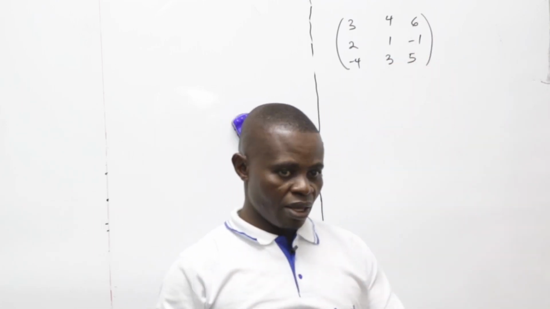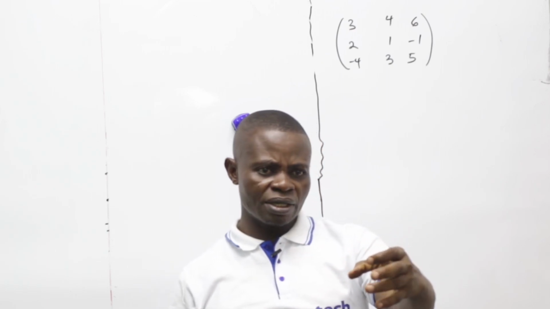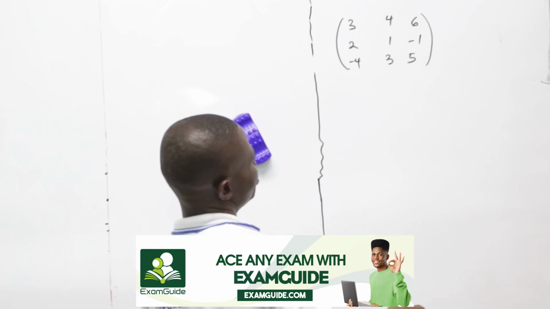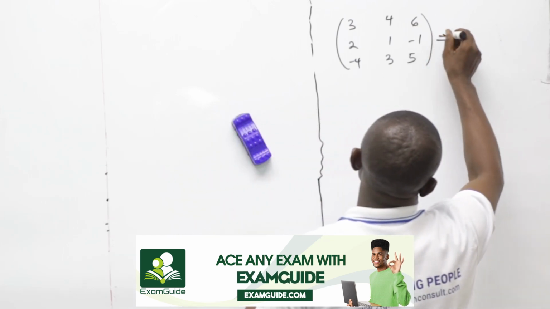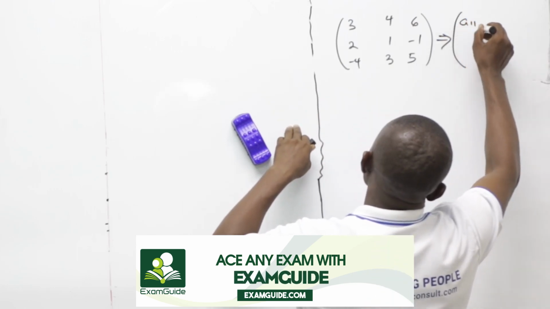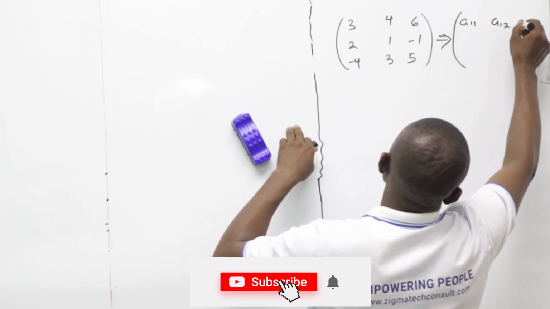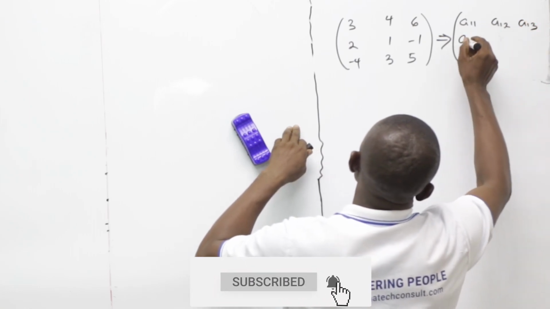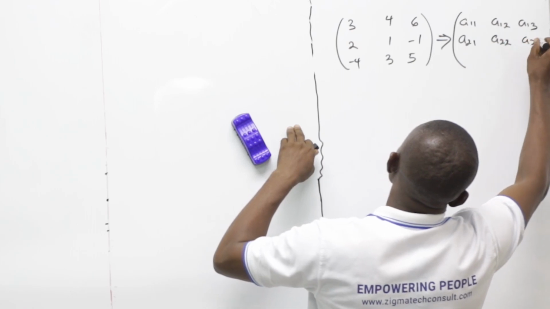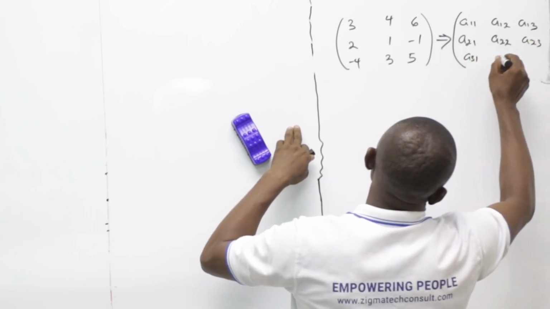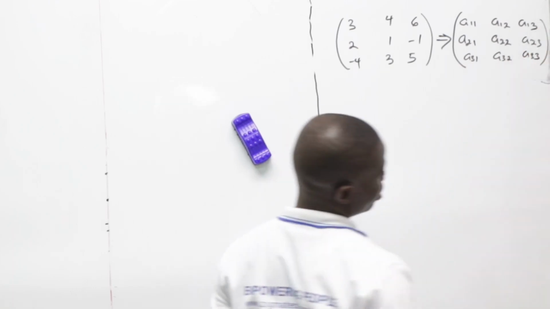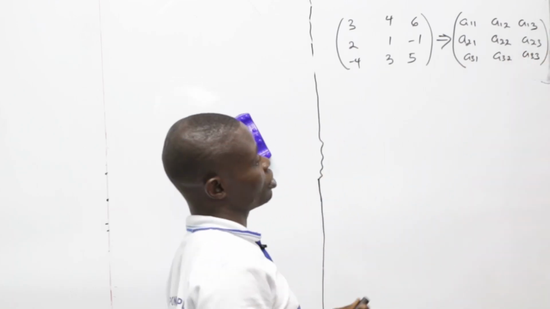Try to create a simulation of what you have by using this, to do as if this is what you have: A11, A12, A13, A21, A22, A23, A31, A32, A33. If you like, you can use capital letters, no issue.